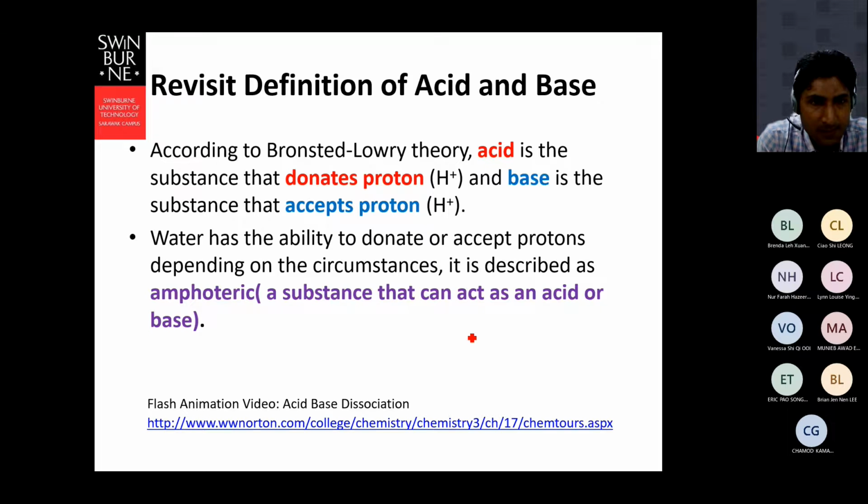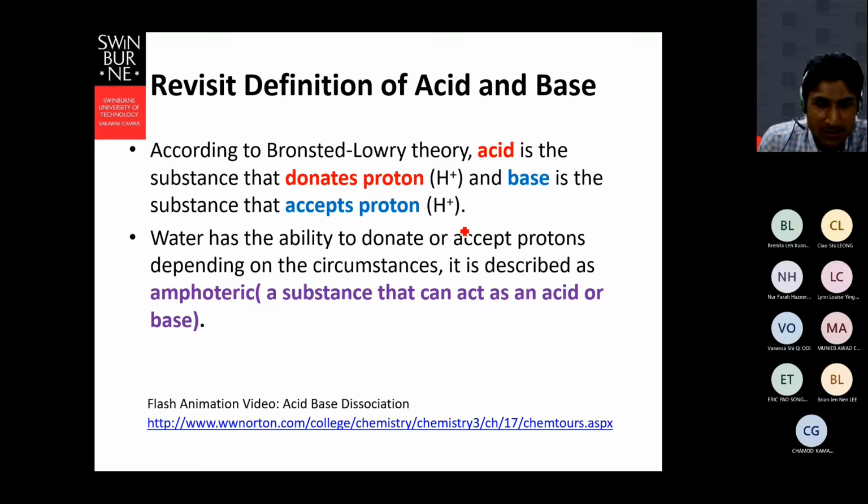It all involves the proton, right? If it is rich and donates a proton, then it is an acid. If it is not rich and accepts a proton, that is a base, right? So this is quite easy to remember, Bronsted and Lowry. So Bronsted says that any substance that donates a proton is an acid.